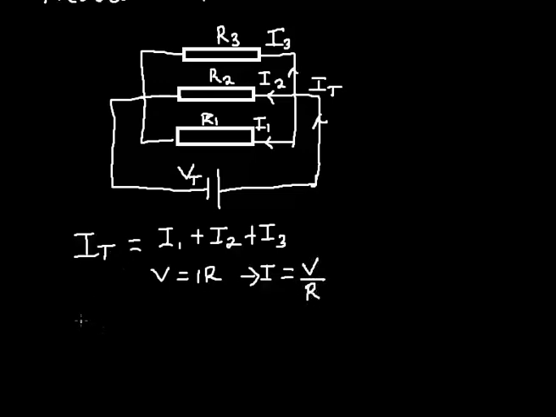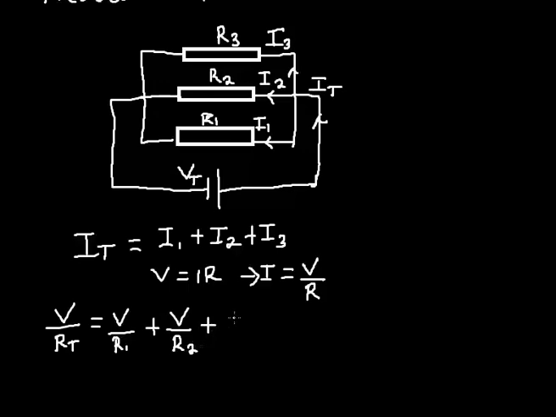Substituting into this equation, for IT, the total current, that's going to be V all over RT. For I1, that's going to be V all over R1. For I2, that's V all over R2.